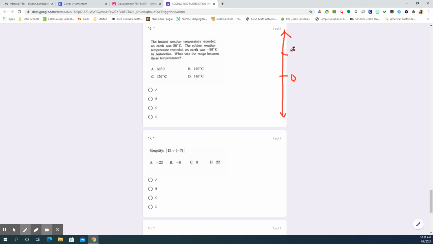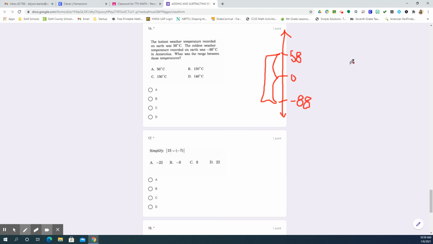We got 58 here. And we have negative 88 down here. And I'm hoping that at this point, you're beginning to see how to figure these out.